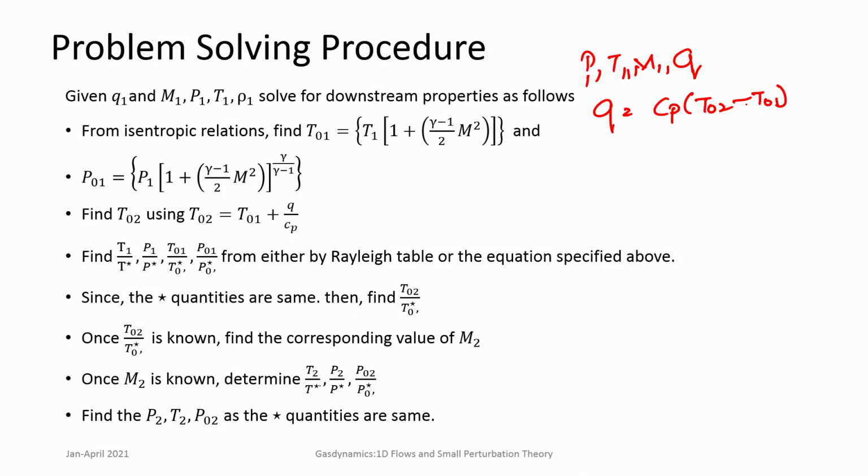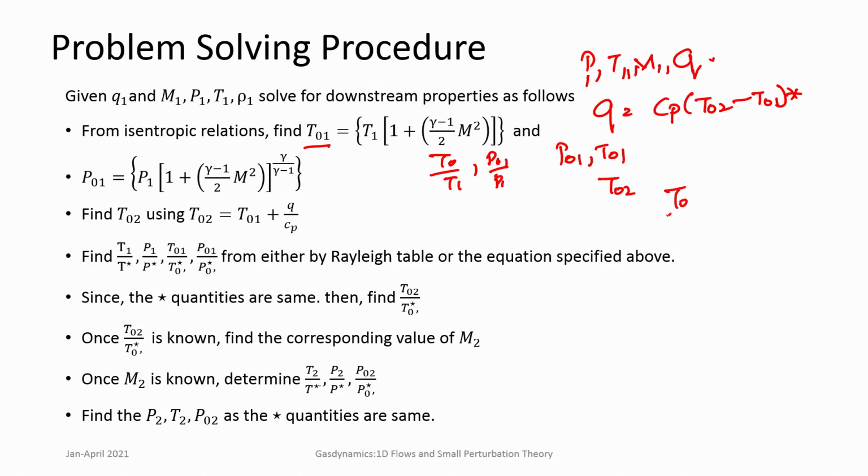If we know the pressure, temperature and Mach number, we can find the stagnation properties using the expression T0 by T1 or P0 by P1. Similarly, you can find stagnation conditions at the initial state. So, P01 and T01 can be found. Then T02 can be found by using this particular equation relating heat added to the change in total enthalpy.